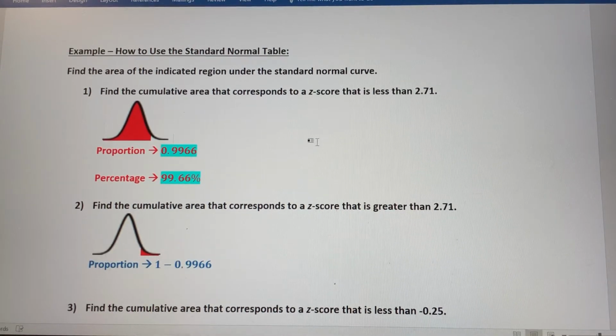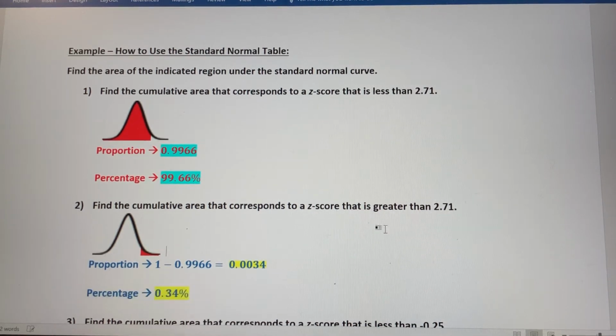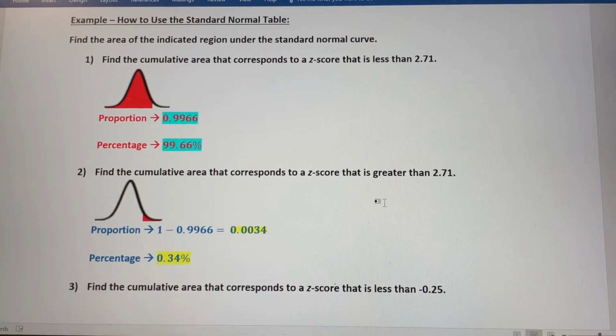So 1 minus 0.9966, the proportion that corresponds to 2.71, gives us 0.0034. So basically 0, because percentage-wise, we're talking about less than 1%, almost a third of 1% of the values would have a z-score greater than 2.71.